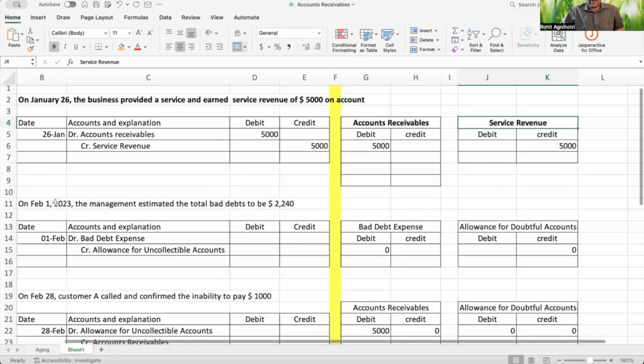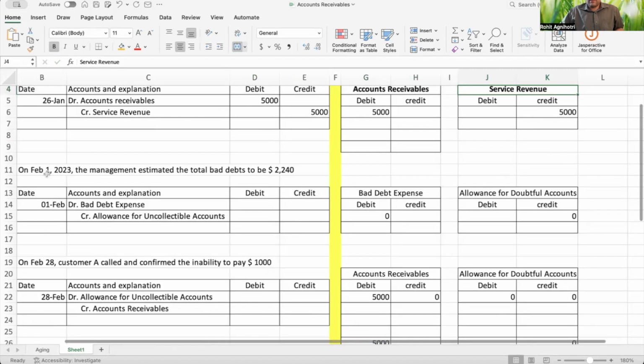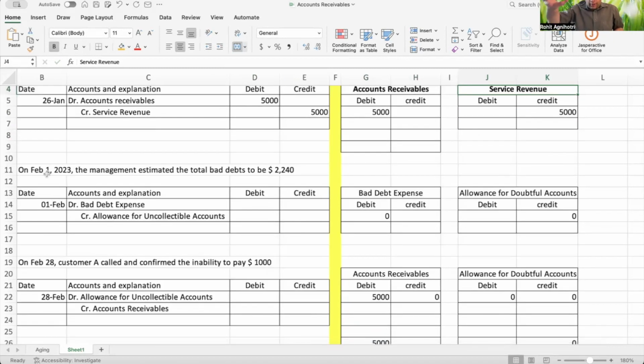On February 1st, you or your management estimated that the bad debts for a certain period is 2,240. This means you are assuming that this amount might never come back or might never be paid. So now you will have to report this as an expense.